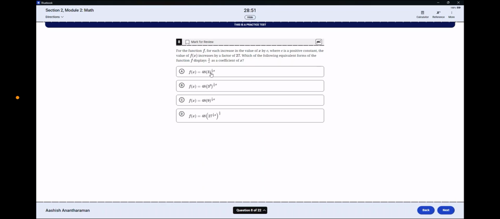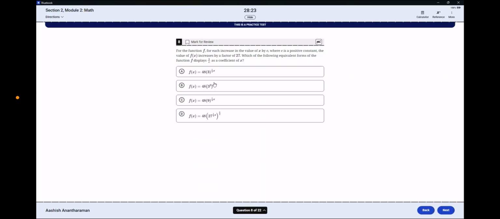So if x increases by c, we're really looking at what the exponent is, because the number to the left of the exponent and the parentheses doesn't really matter, because that's just staying the same.